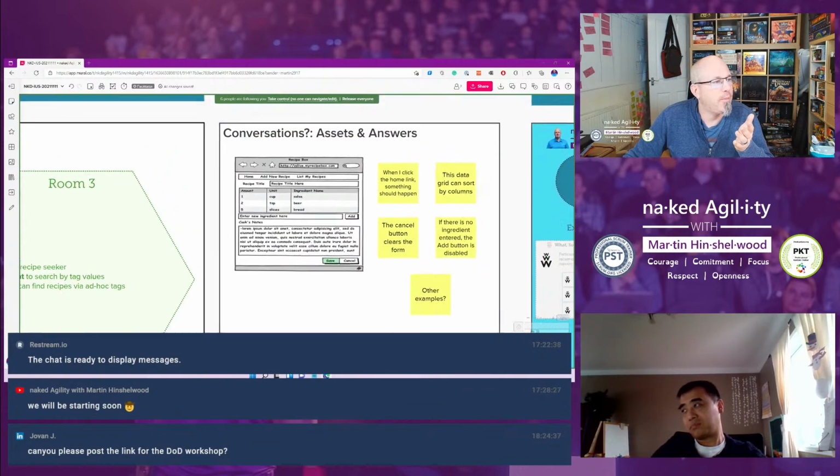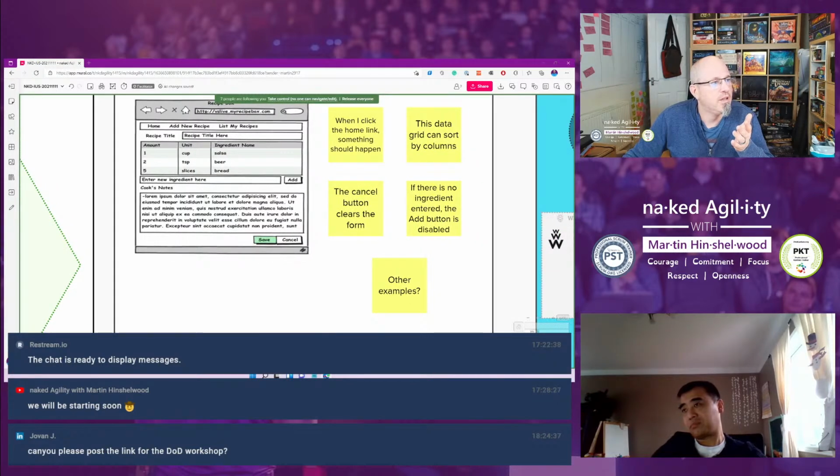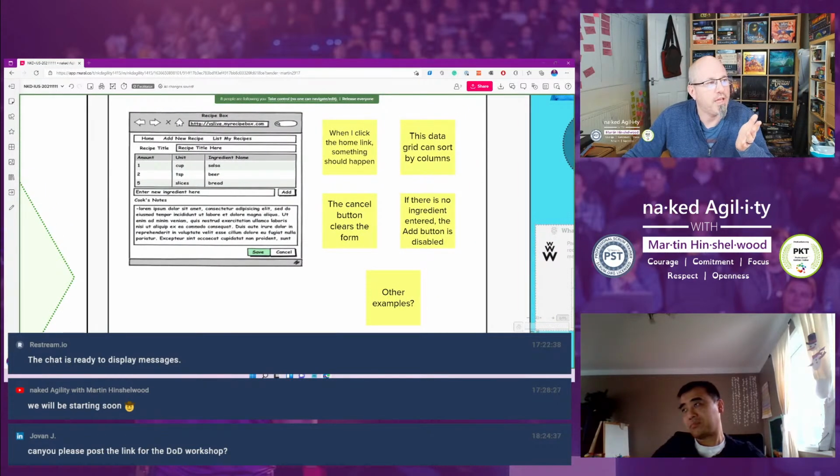If you think about this user interface here that I have, when I click on the homepage link, what happens? Can we sort the columns on this data grid? Is that a thing we're going to do? If we don't enter any ingredients, can you click the add button? If so, what happens?